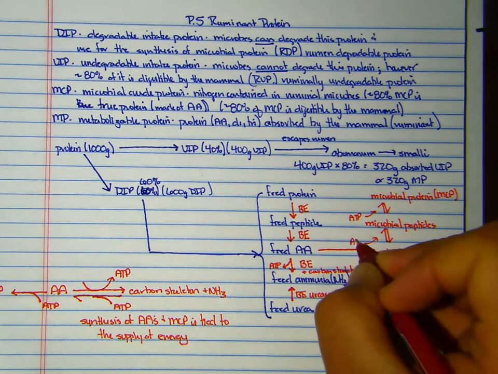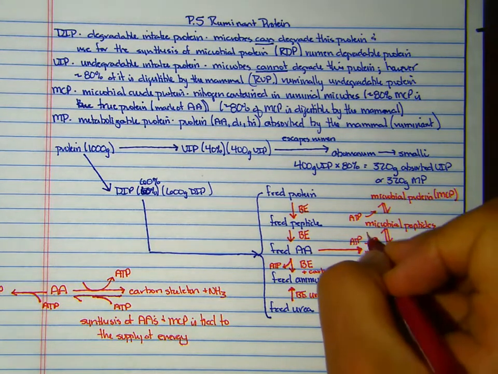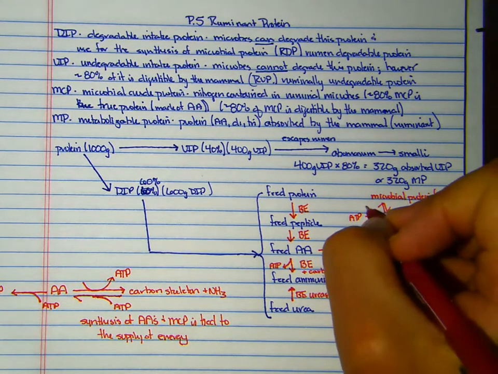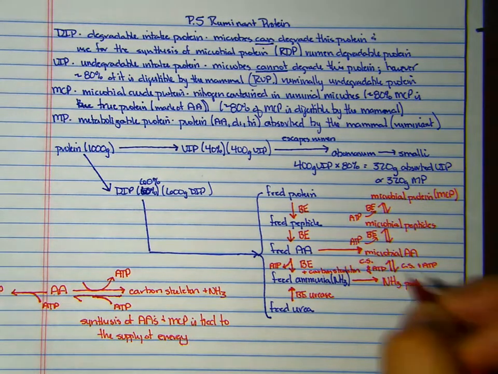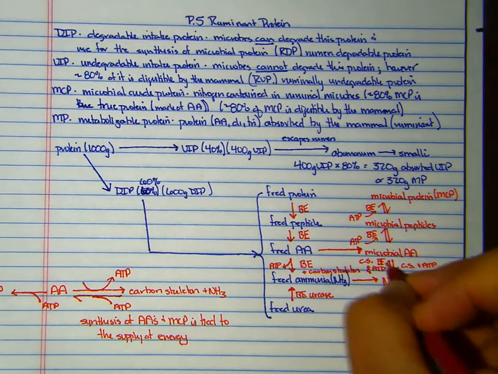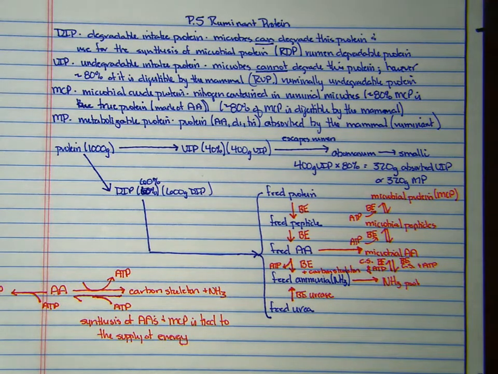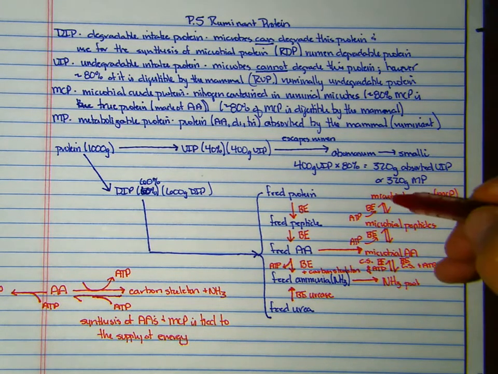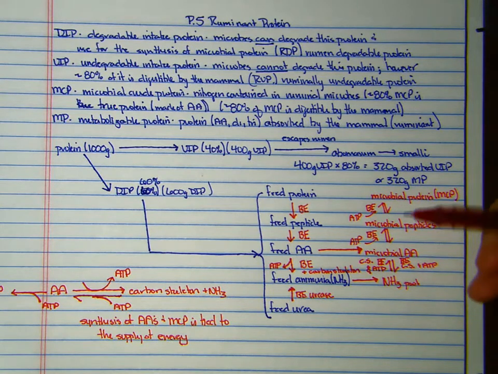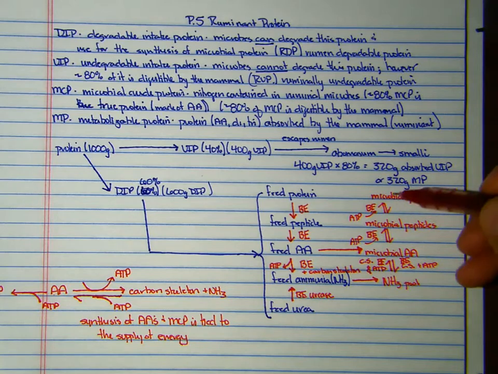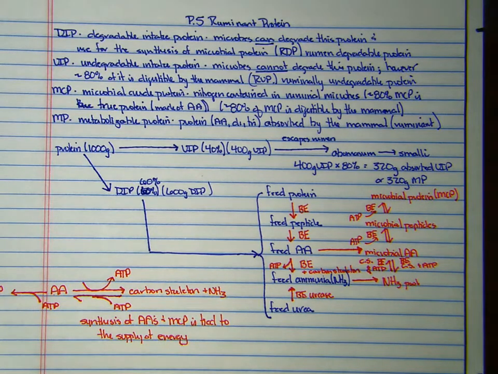To synthesize things requires the input of energy, and this is accomplished by microbial enzymes, as all of these steps are. So synthesis and degradation are accomplished by microbial enzymes. We have these down arrows indicating that if the microbes die in the rumen, the microbial peptides and proteins will be degraded back to this source.